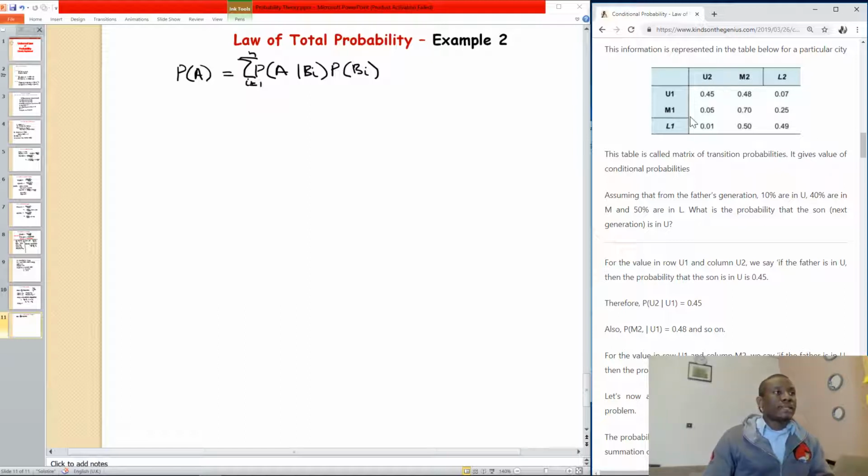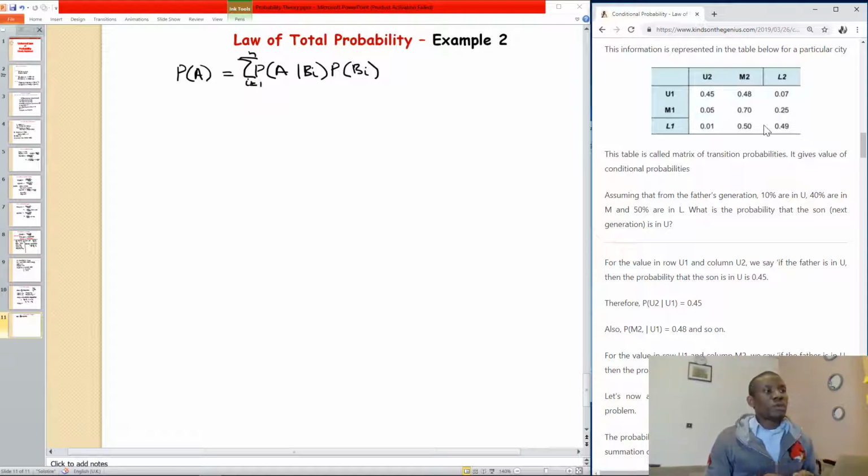So basically, these conditional probabilities have been provided for us. You read it from left to right. If the father is in middle class, the probability that the son is in the middle class is 0.7. If the father is in the middle class, the probability that the son is in upper level is 0.05, and so on and so forth.